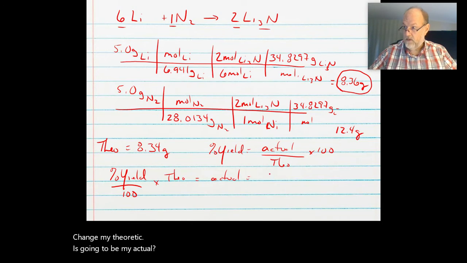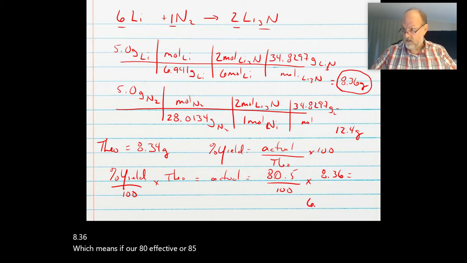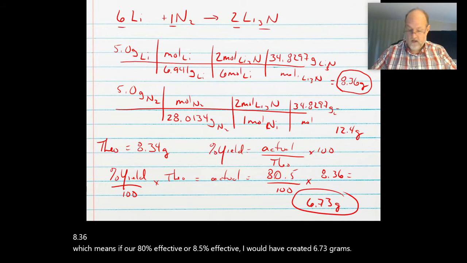So percent yield was 80.5 out of 100 times 8.36, which means if I were 80.5% effective, I would have created 6.73 grams of lithium nitride.